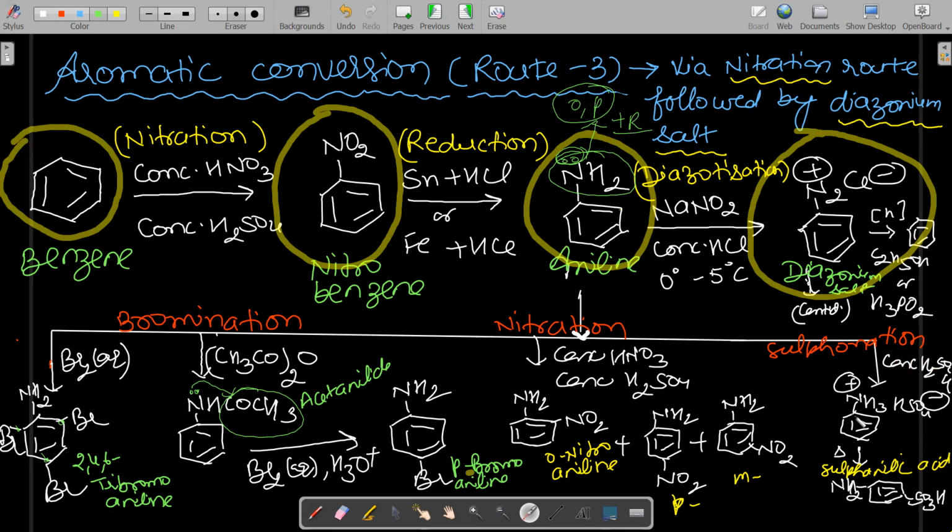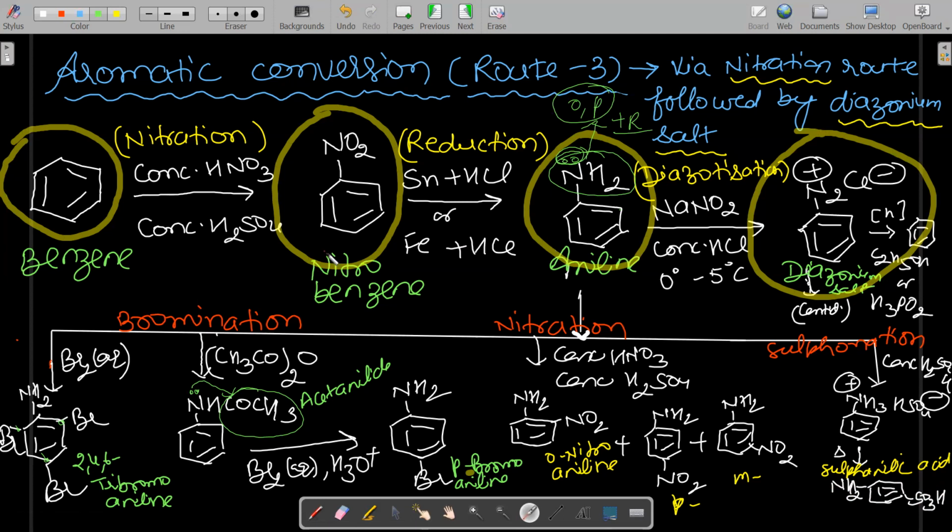H2SO4 to form a salt first, the anilinium salt, which is strongly heated to lose a water molecule, and there is a transfer so that the NH2 group and sulfonic group are at para position, forming 4-aminobenzenesulfonic acid, which is called sulfanilic acid. This sulfanilic acid is used in drugs, and it is further converted into a zwitter ion by transfer of hydrogen to nitrogen. That means NH3 plus and SO3 minus, which is called a zwitter ion. So this is the conversion.